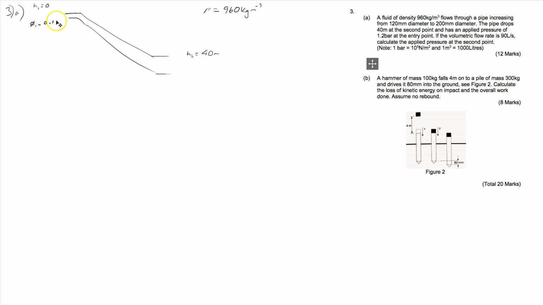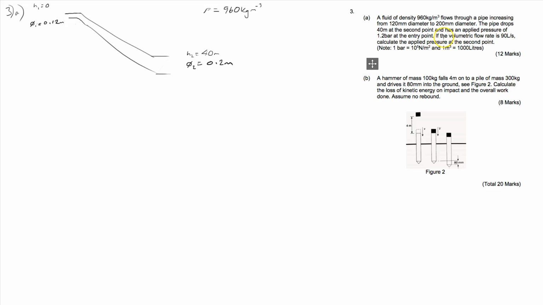Oops. Remember, always try and convert on the fly and write it directly. So diameter 2 will be 0.2 meters, because it'll just save making silly mistakes later on down the line. The pipe drops 40 meters.